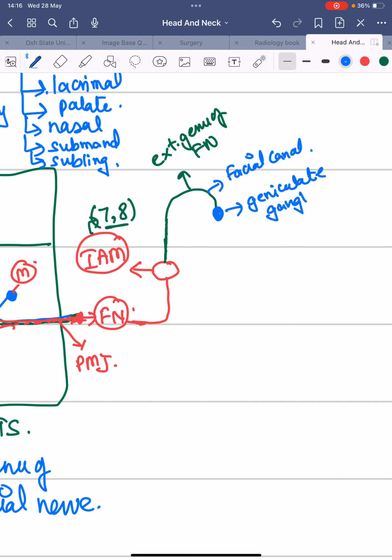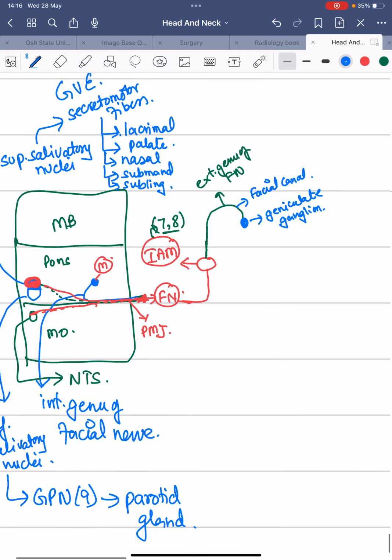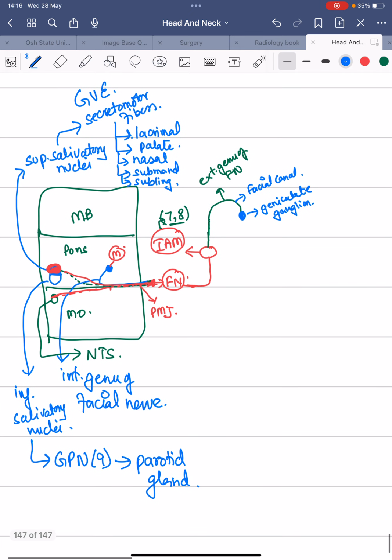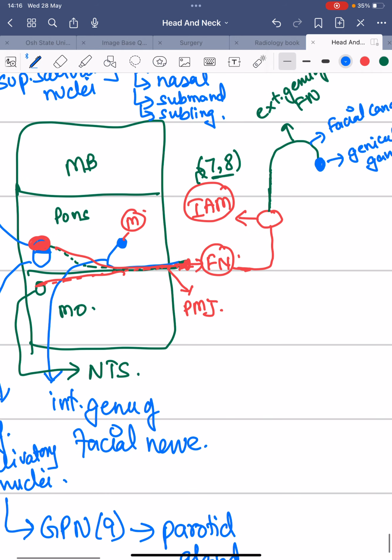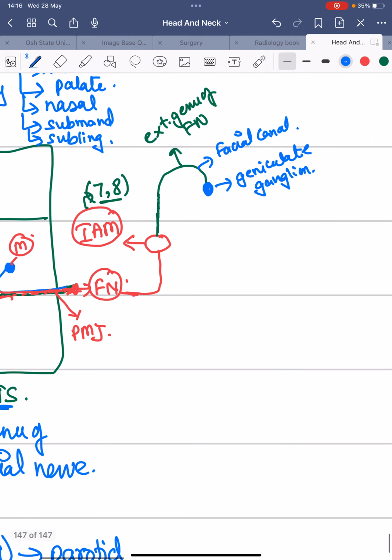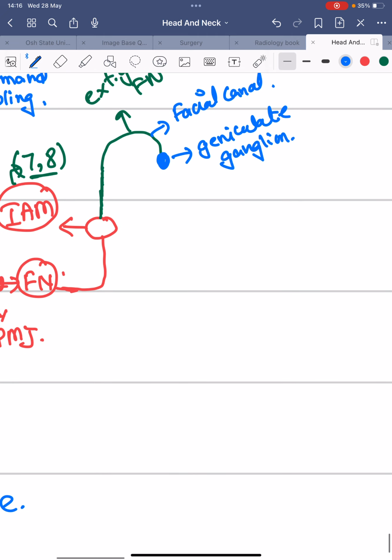Sensory ganglion, which is going to take the fibers from the anterior two-thirds of the tongue and it will send it to the tip of the nucleus tractus solitarius here. Tip of the nucleus tractus solitarius. So this is the geniculate ganglion.